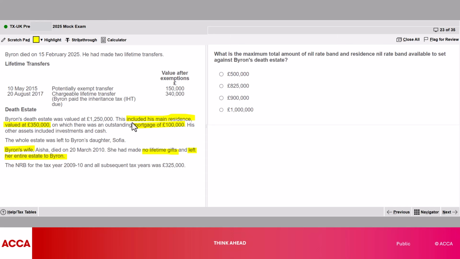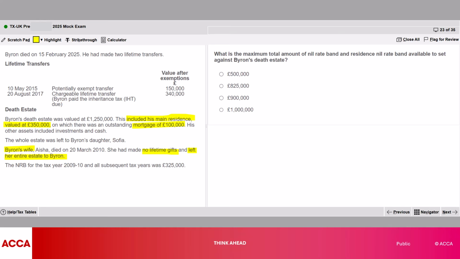So we can get the residence nil rate band on the residence, and we've got the basic nil rate band, and because Byron's wife died a few years ago, she hadn't made any lifetime gifts and left her entire estate to Byron. So that means that her estate would have been exempt as a transfer to a spouse.